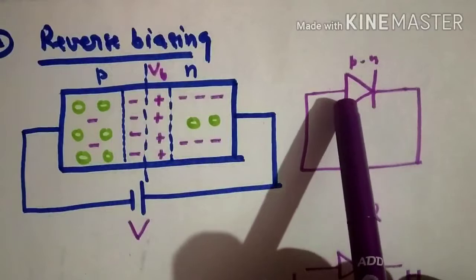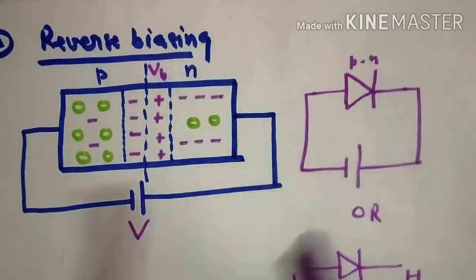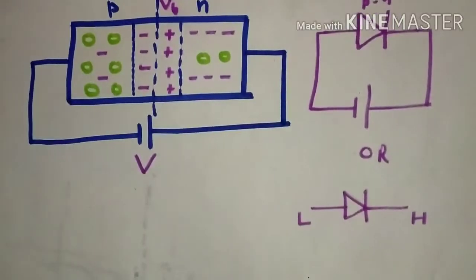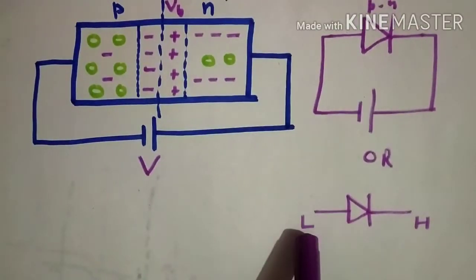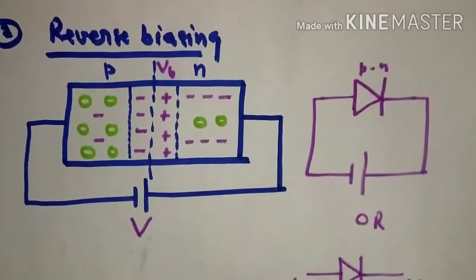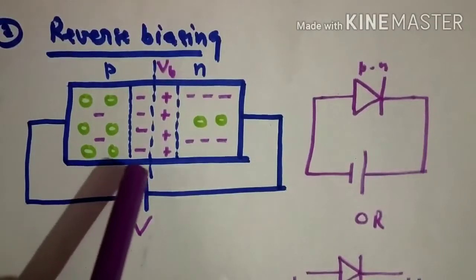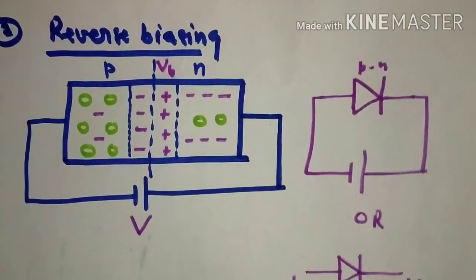In simple words, when the P region of the diode is at the low potential and the N region of the diode is at the high potential, then we say the diode is reverse biased. That is called reverse biasing of the diode.